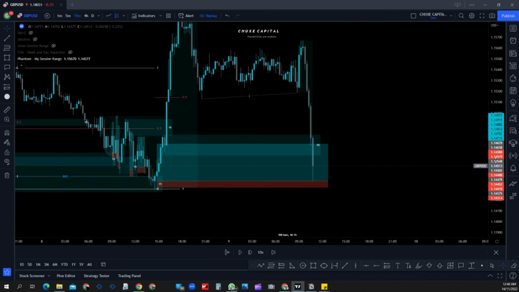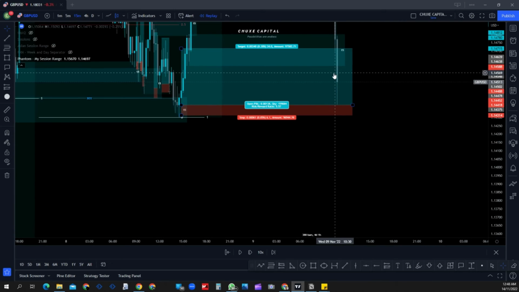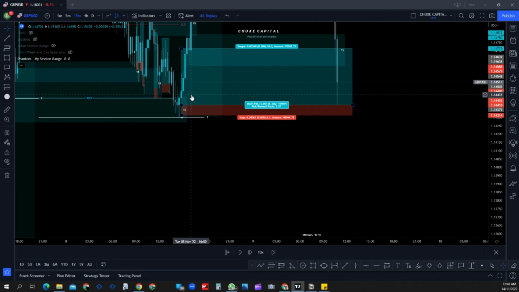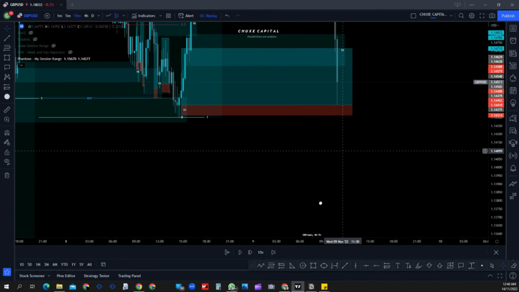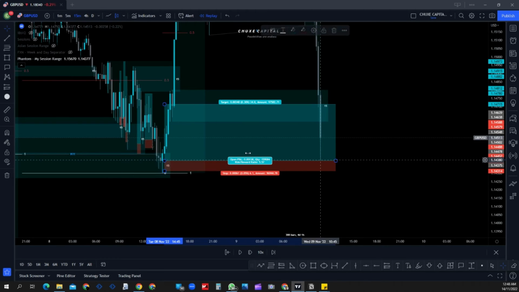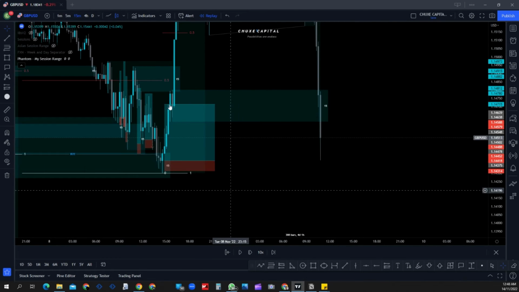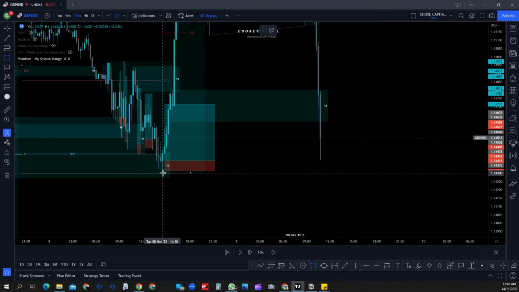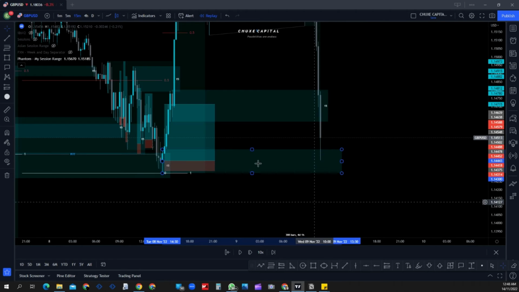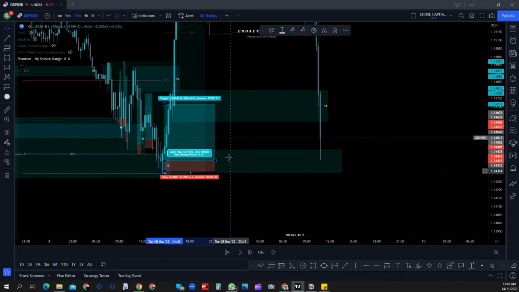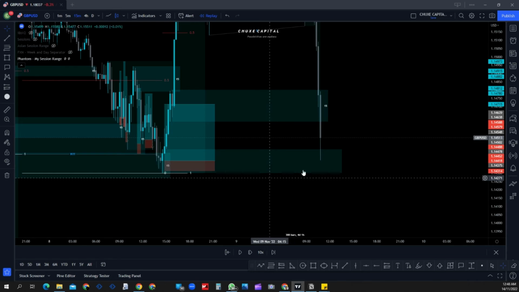Ah, misses it. Misses it. There's an OB right there. So if we're going by our standard, we're supposed to have deleted that trade.